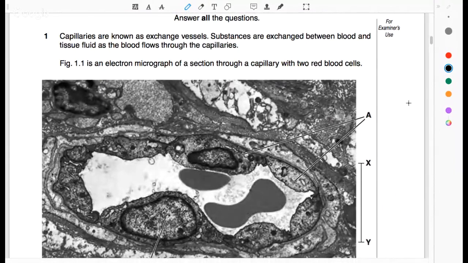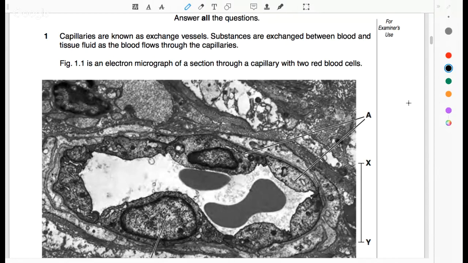Okay, look at this. Before we look at the question, I want you to interpret this electron micrograph for me. So tell me what you see. I see the 2 red blood cells.